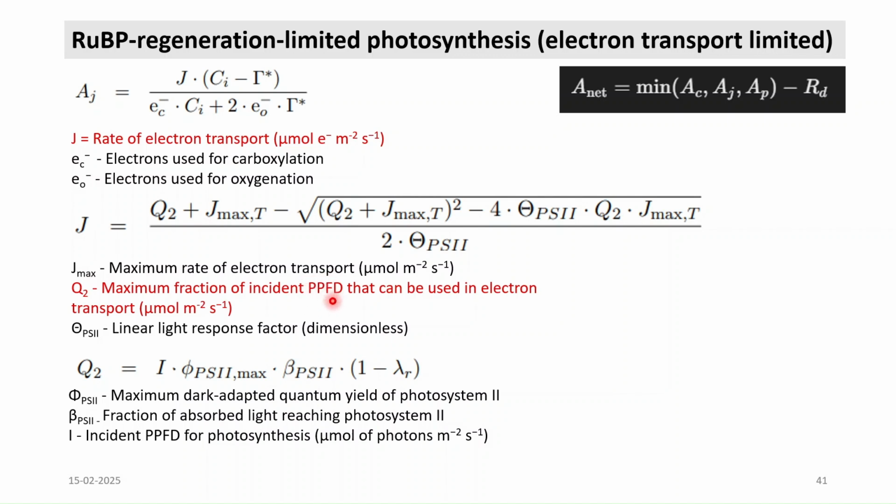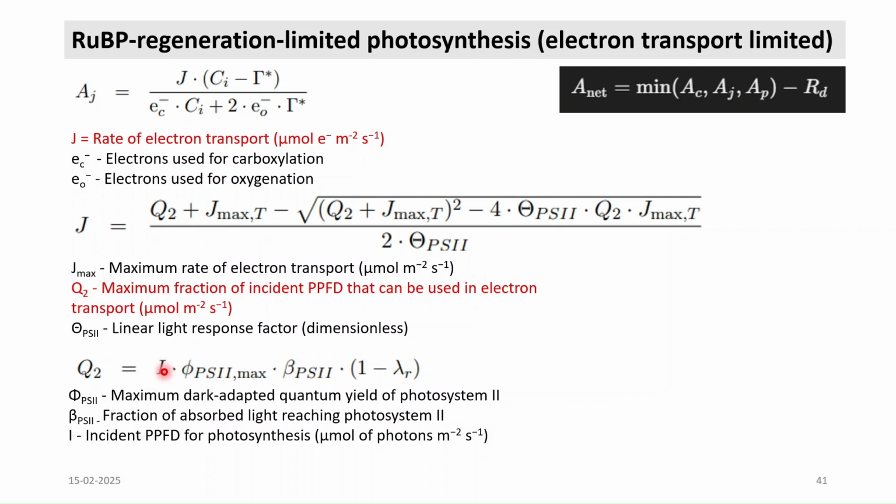That is what we call photosynthetic photon flux density. So Q2 represents the maximum amount of PPFD that is used for the electron transport rate. Now theta psi here is a linear light response factor, and I will show the graph from which you can understand it better.